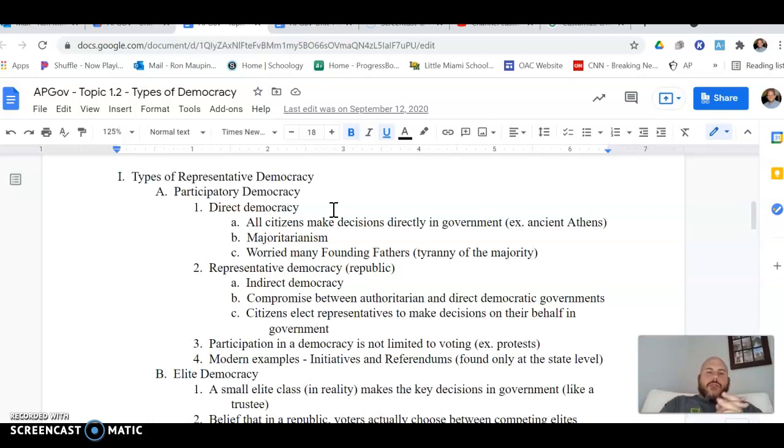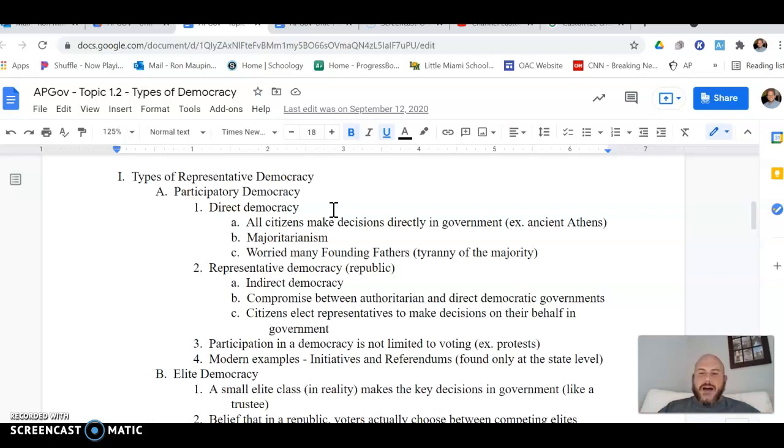Now, a representative democracy in many respects is this nice sweet spot, kind of a compromise between a direct democracy, which we just mentioned a moment ago, and authoritarian governments, where you have a singular person that makes all the decisions for everybody without any type of real input from the people. So a representative democracy is something that is much more what the founders wanted in terms of government.